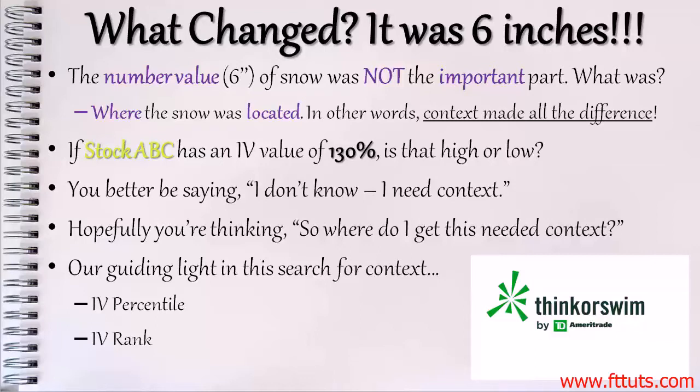And as you're going to see, it's data that you're going to definitely need and definitely want. Now, whether you get it through the Thinkorswim platform or someplace else, that's up to you. But point being, to answer your question about where do I get this needed context, well, we need the data of IV percentile or IV rank. Again, you can use those interchangeably.